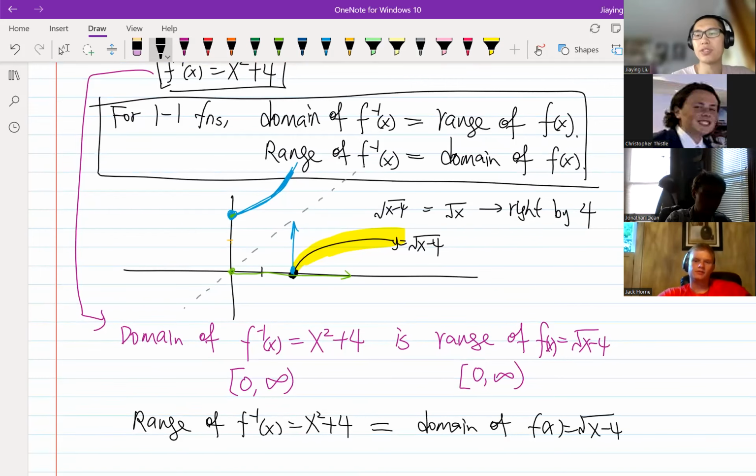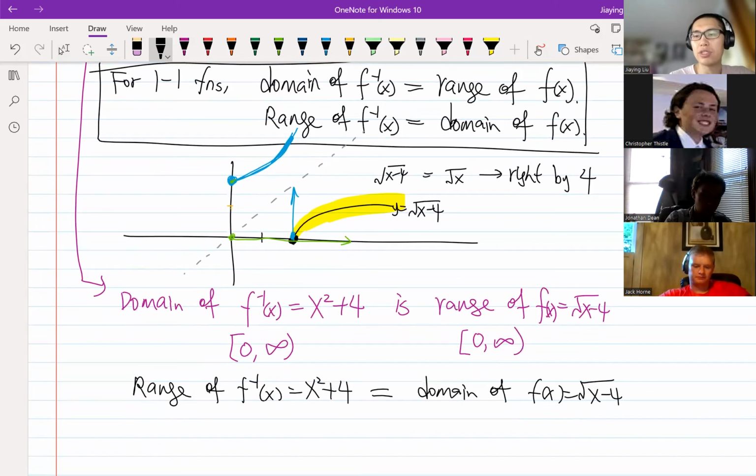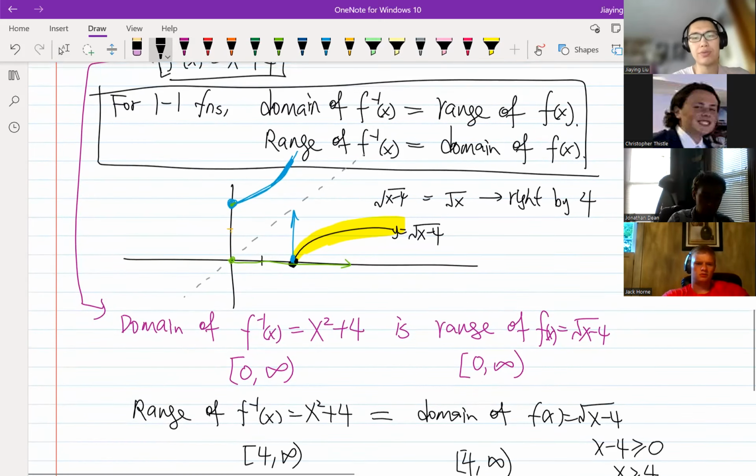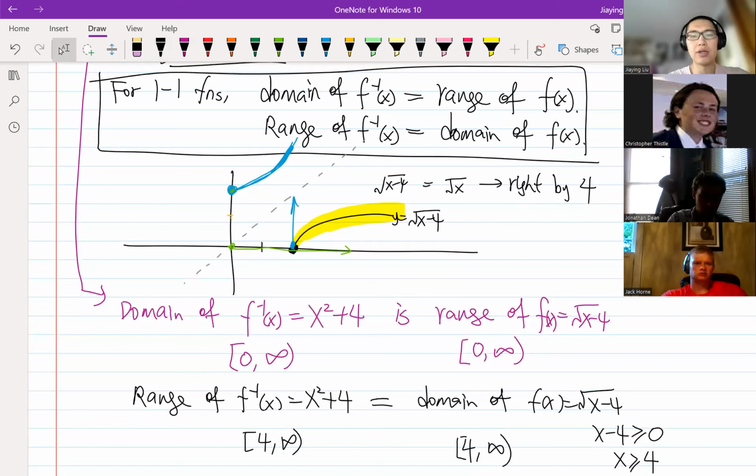And to find the domain of this function, we just need to make sure that x minus 4 is greater than or equal to 0, so x is greater than or equal to 4. So the domain of f of x is from 4 to infinity. And the range for the inverse function should be the same, from 4 to infinity. So we don't take the entire parabola, we only take the right half just to match the domain there.